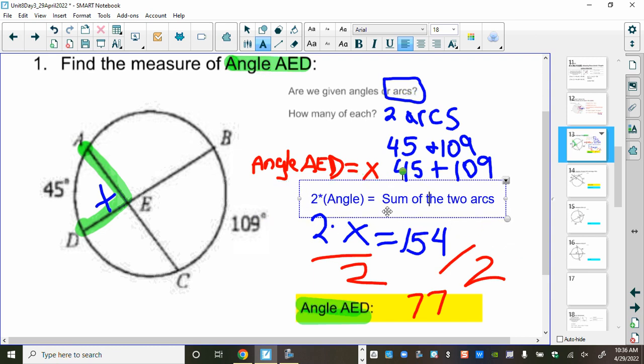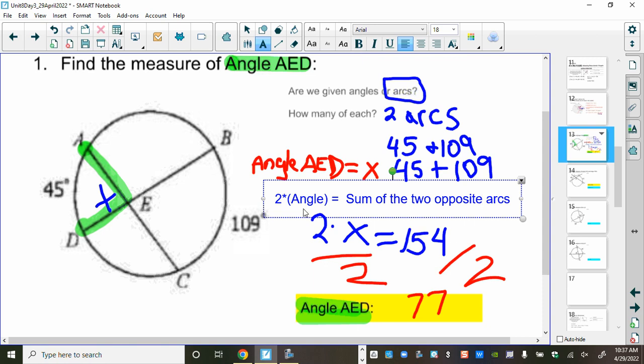So basically, 2 times the angle is the sum of the 2 opposite arcs, I should say. Sorry, I forgot to add that word. So basically what's going to happen is you have to find your angle, find your opposite arcs. Once you do that, then you're going to be in a position you could solve for this problem.